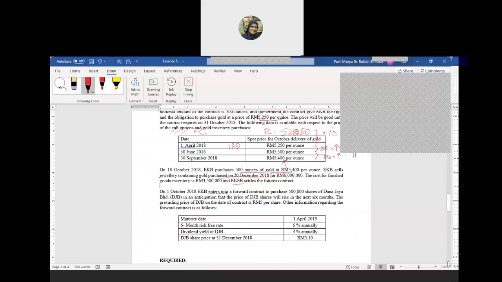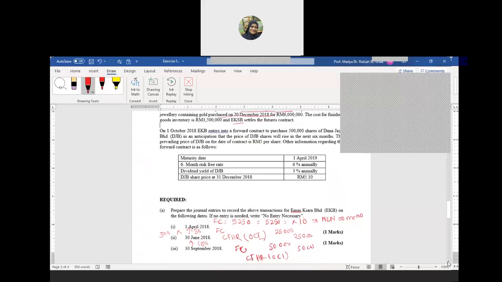Any questions before I proceed to the second part, which is this one, or move to this one? Any questions that you have for A and B for Mas Kiara? Okay, so you understand that one.